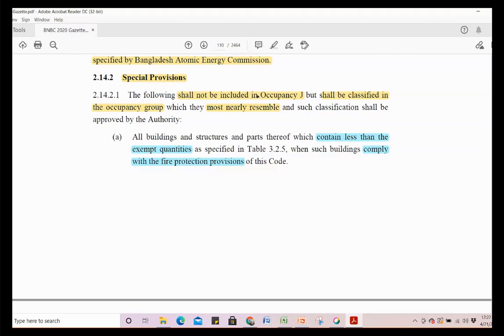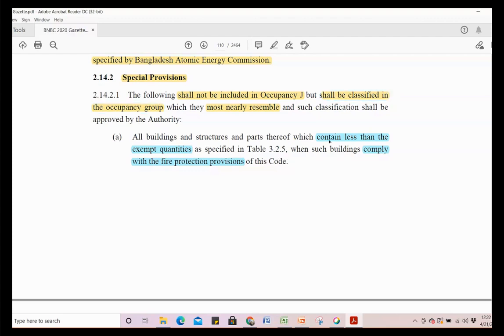The following shall not be included in occupancy J, but shall be classified in the occupancy group which they most nearly resemble, and such classification shall be approved by the authority. So there are some exemptions here. All buildings and structures and parts thereof which contain less than the exempt quantities as specified in table 3.2.5, when such buildings comply with the fire protection provisions of this code.